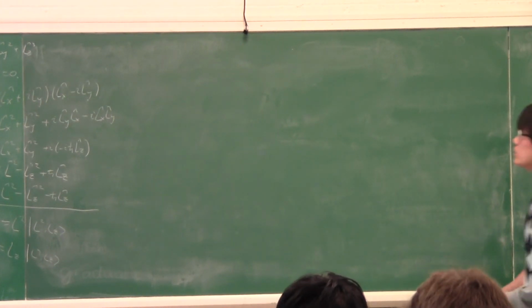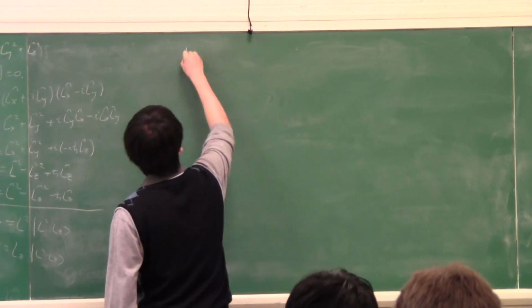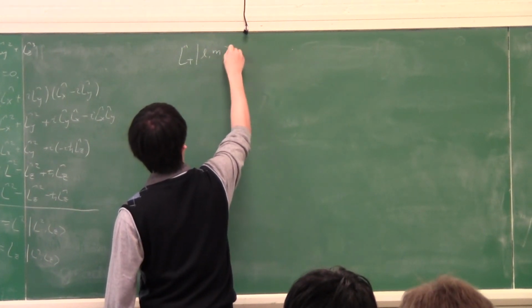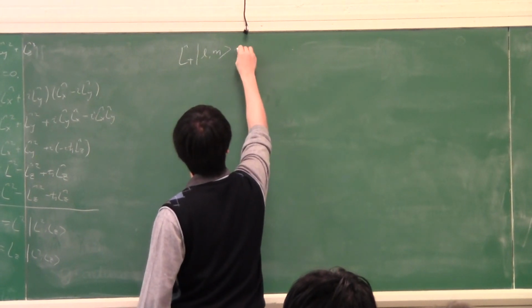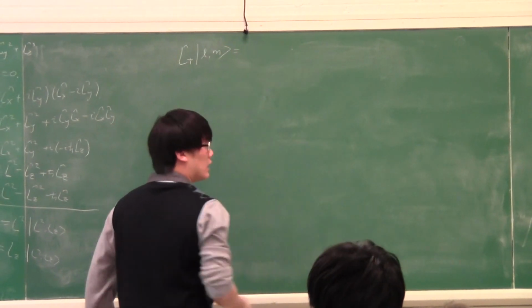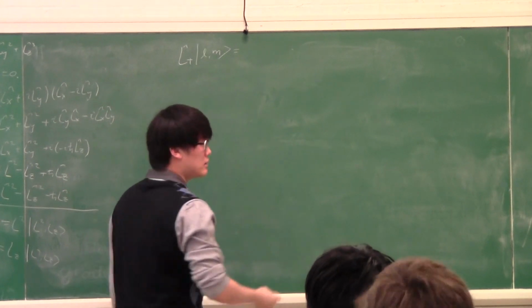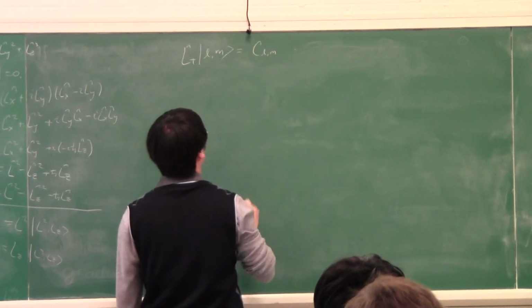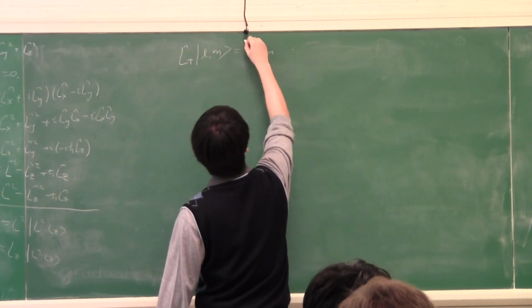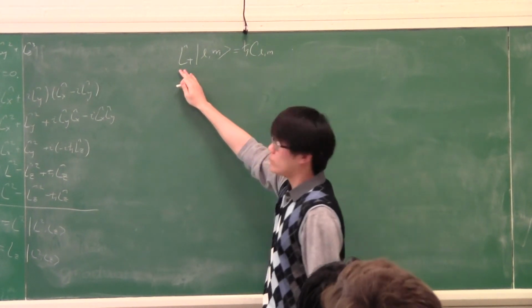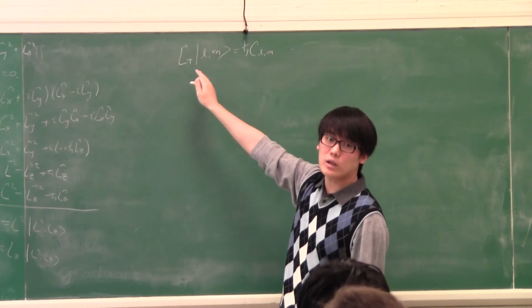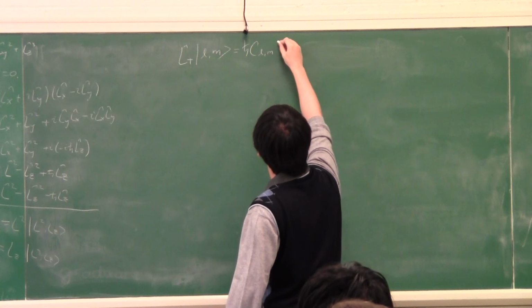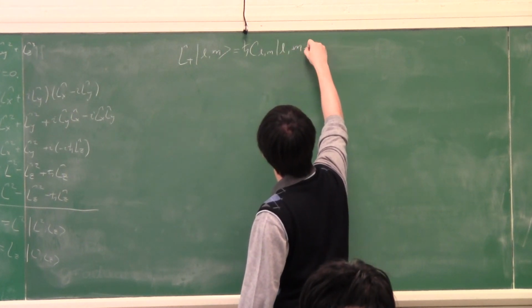So let's write that problem in terms of our new notation. We have L plus operating on an eigenket |L, M>. This is equal to, let's say, some proportionality constant that is labeled by L and M. And this takes it into, well, the L plus must have the unit of h bar, right? So let's write the h bar out so that everything else is dimensionless. |L, M plus 1>.